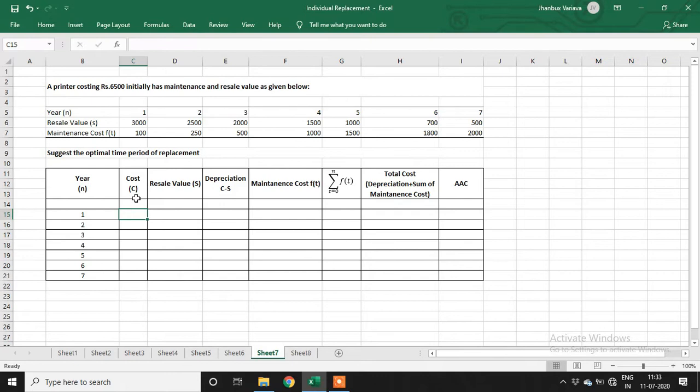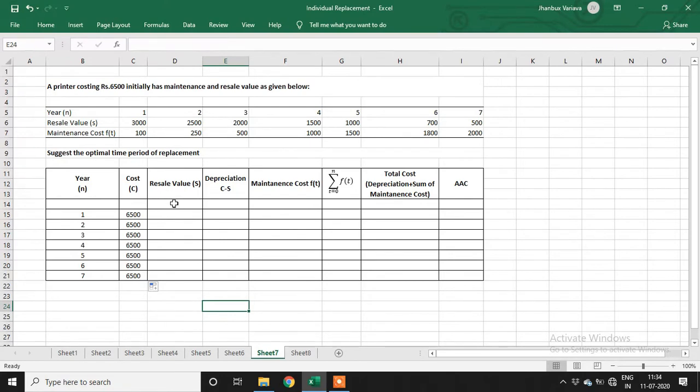This is the initial cost. What is the initial cost of this printer? It is 6,500 initially. The initial cost will not change no matter what happens, so whether it's for first year, second, third, fourth, fifth, sixth or seventh, it will be the same for every year. So it will be 6,500 for every year.